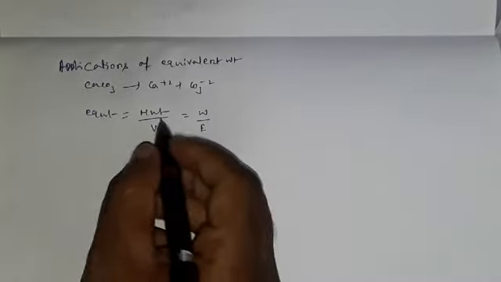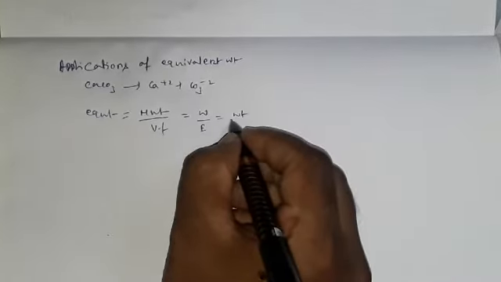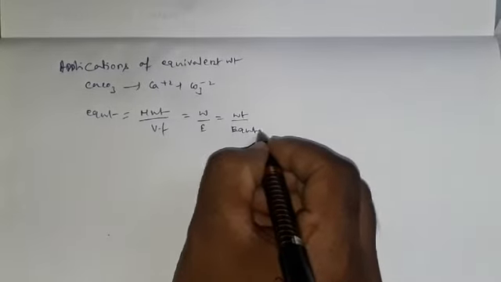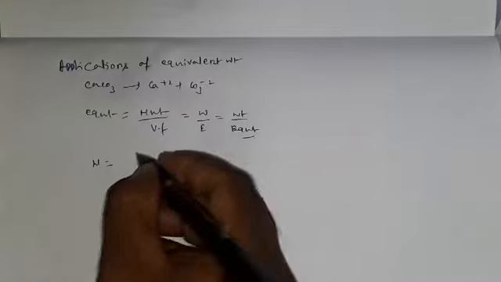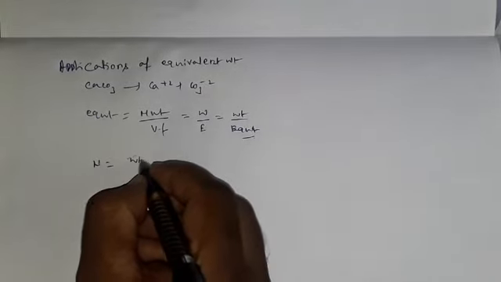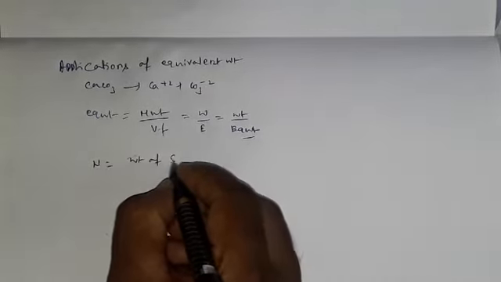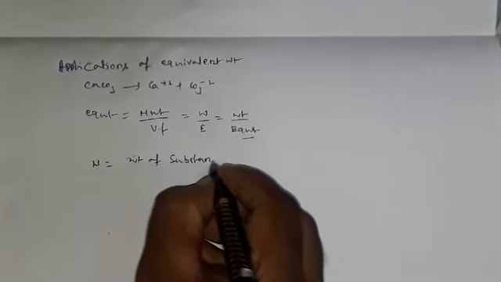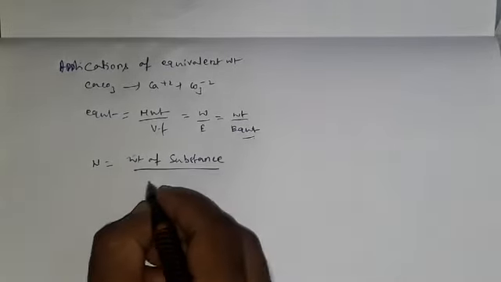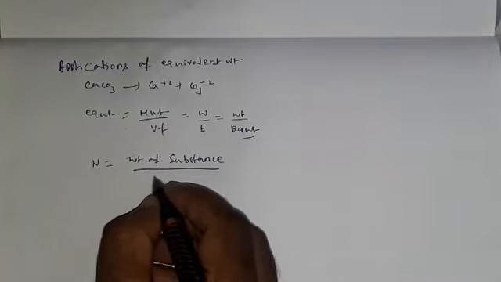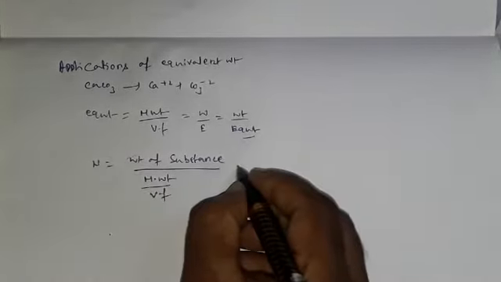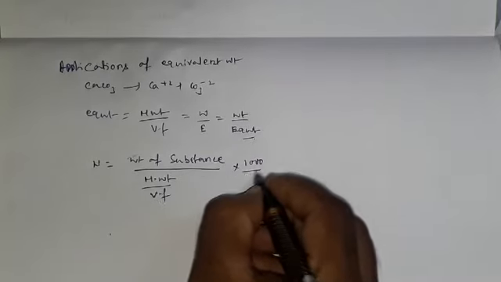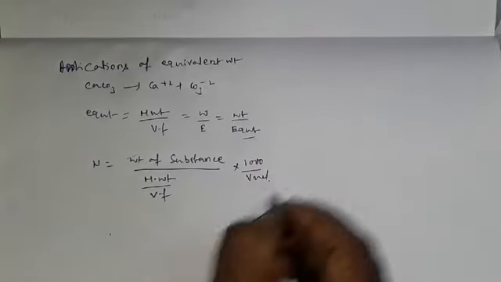Here, normality is an application. Normality equal to weight of substance by molecular weight by valency factor into 1000 by VmL.